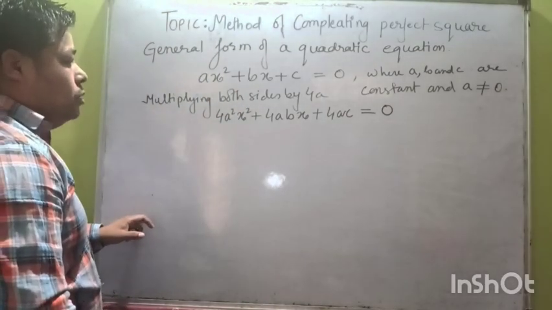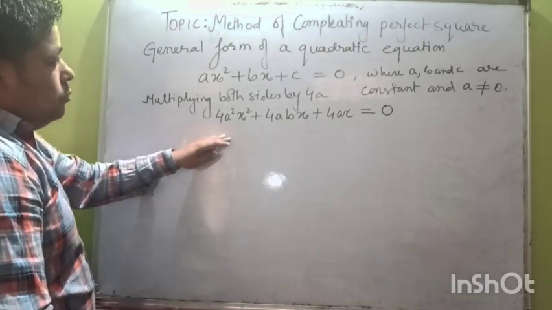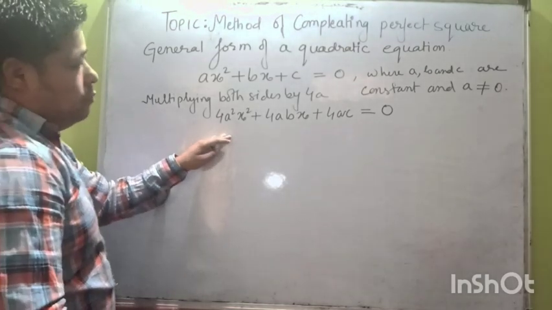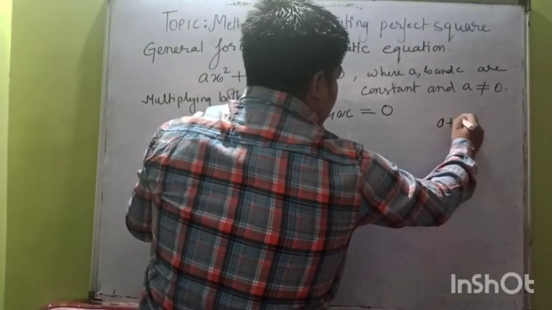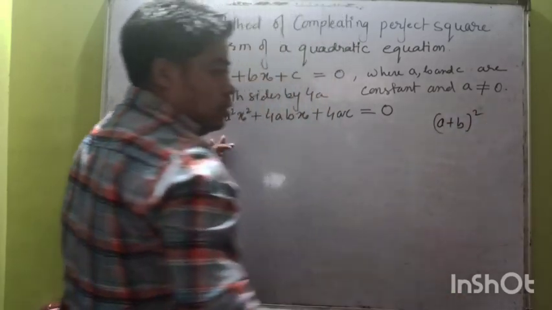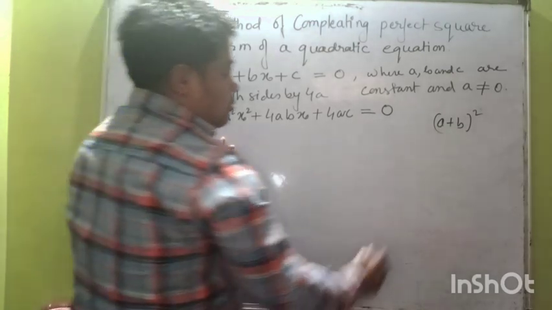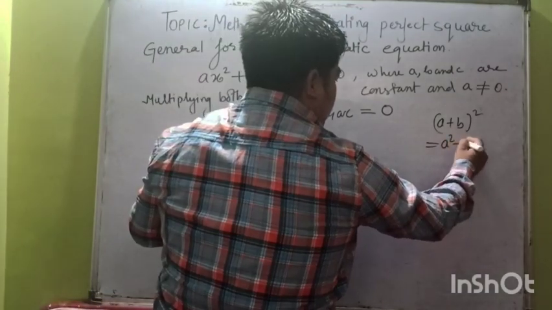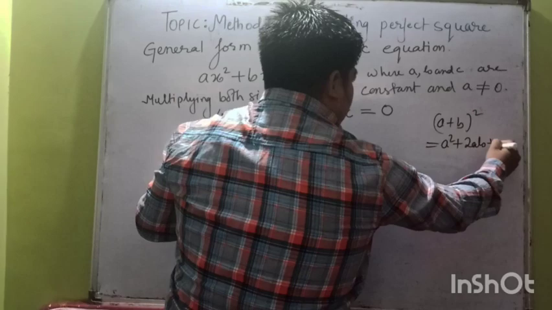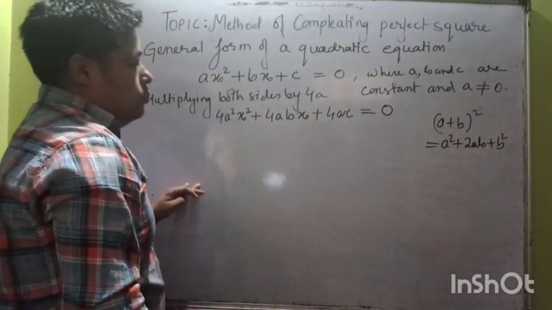After this, we'll try to convert them in the form of a plus b whole square. And viewers, we know that a plus b whole square is equal to a square plus twice ab plus b square.